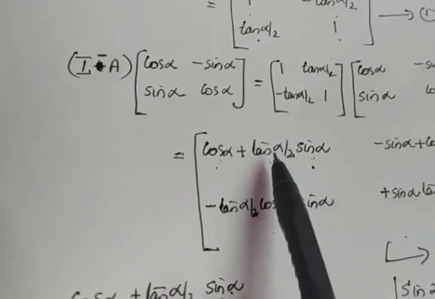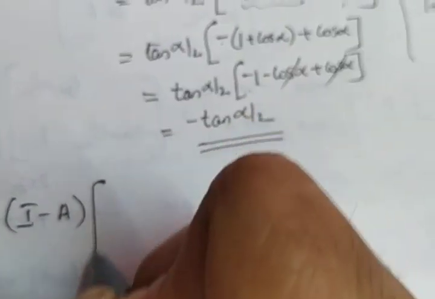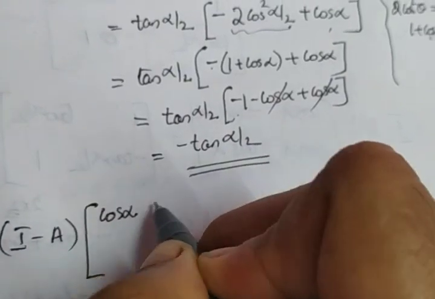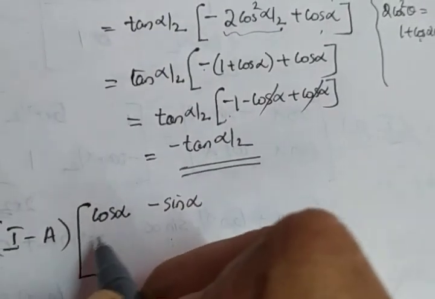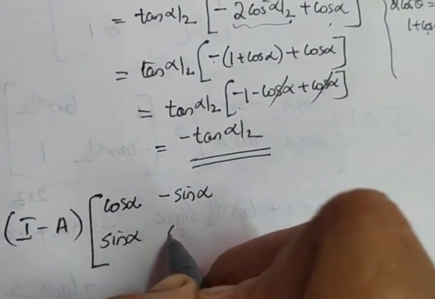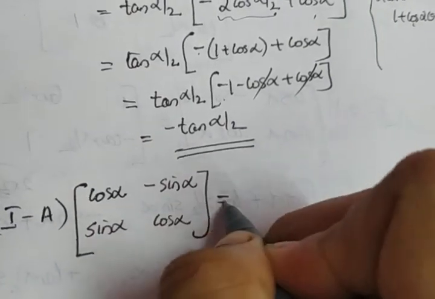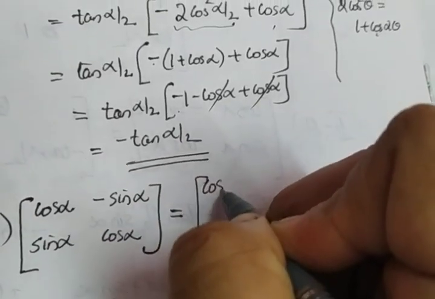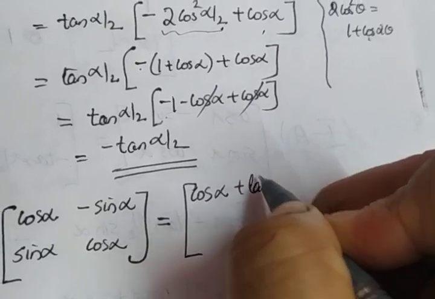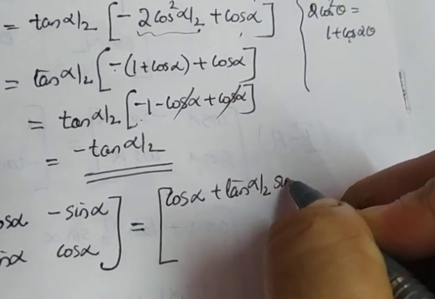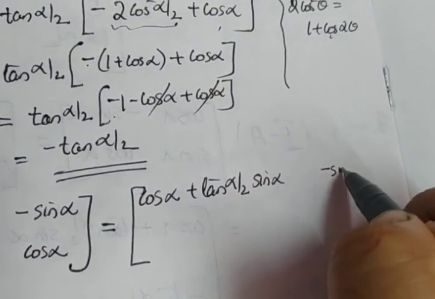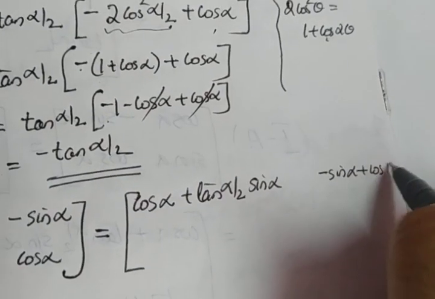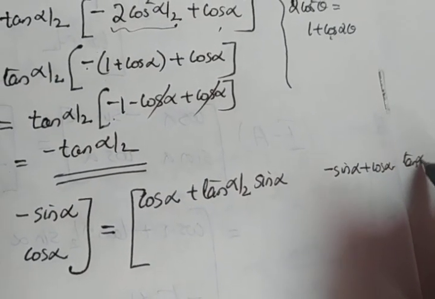Okay, so take the second equation once again. So we have simplified both the required terms. Second equation was the determinant with first row 1 minus a... into cos alpha, minus sin alpha into cos alpha, and we got the value as cos alpha plus tan alpha by 2 into sin alpha, and the second term is minus sin alpha plus cos alpha into tan alpha by 2.